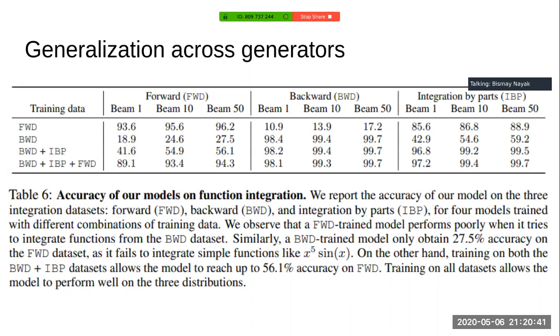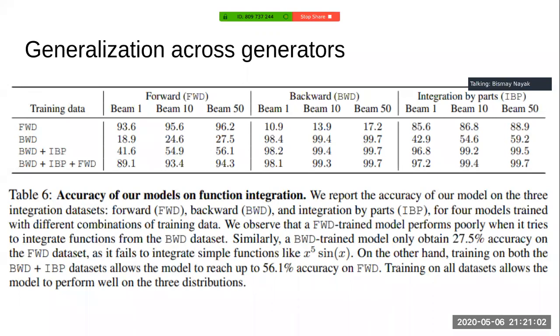But it did much worse on the backward generated data set, because forward and backward generated data have a very stark difference. In forward generated data, the problem is simpler than the solution, and in backward generated data, the solution is simpler than the problem.